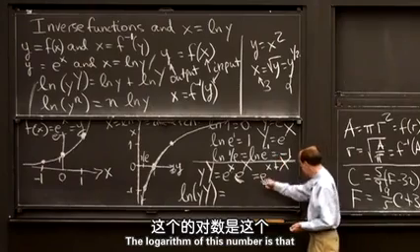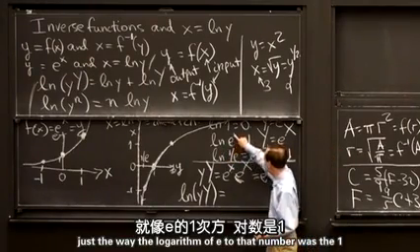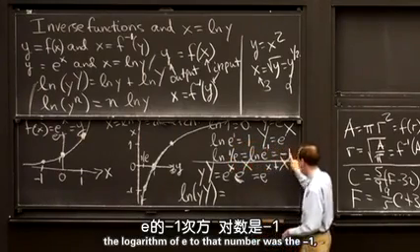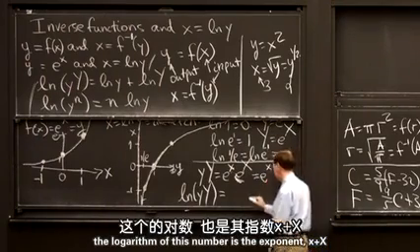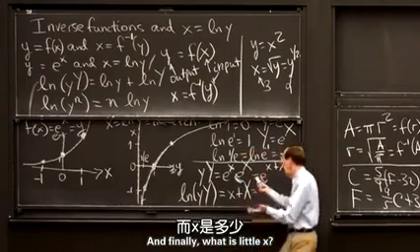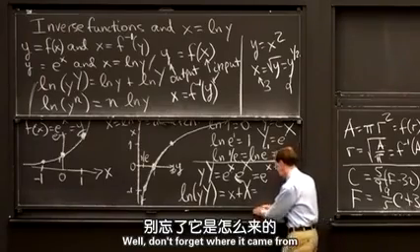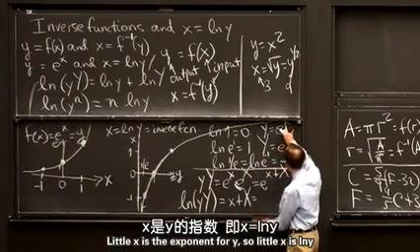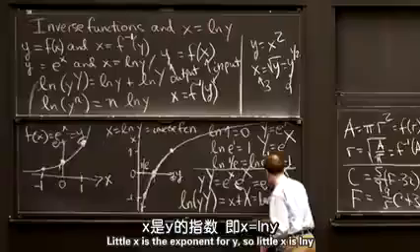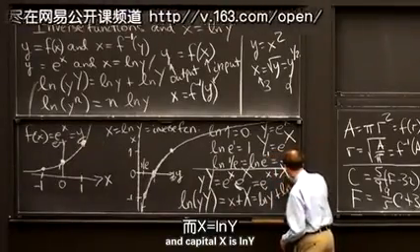The logarithm of e to that number was the exponent, and the logarithm of this number is the exponent, x plus capital X. And finally, what is little x? Don't forget where it came from. Little x is the exponent for y, so little x is log y. And capital X is log capital Y.